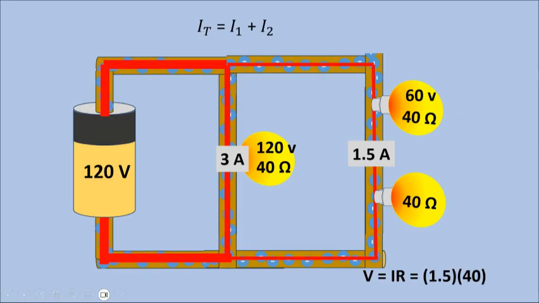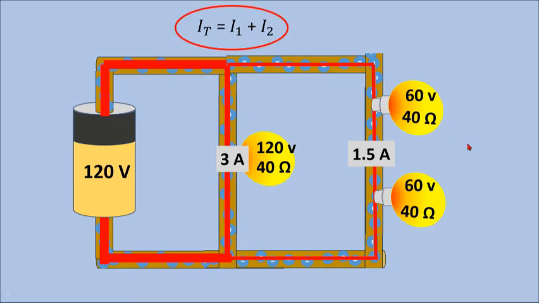And then we do the same thing down here, and that also gives us 60 volts. So yes, they do split the voltage equally, and that's not surprising since they're identical light bulbs. But if the top one had a larger resistance, then it would take more of the voltage, and you'd be able to calculate that using the method that I just showed you.